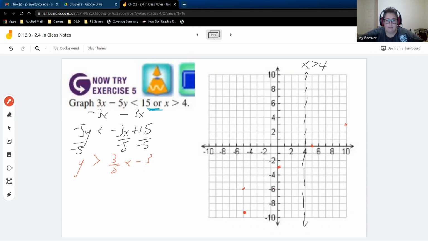And then down 3 and to the right 5. And again, it's dashed. And this is 3x minus 5y less than 15.